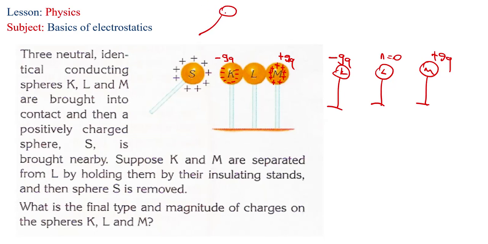As now I removed the S here, it's not here anymore, but this one becomes now minus 9q, this plus 9q, and L is neutral. So this way is related to induction, and you understand here, it's not into contact. So the spheres now are charged by way of induction. And you see here this logic you should apply to solve this problem.